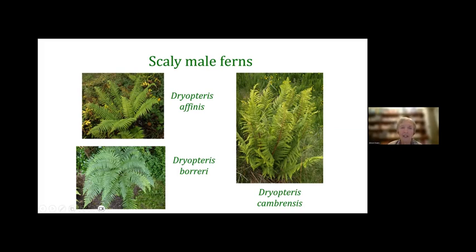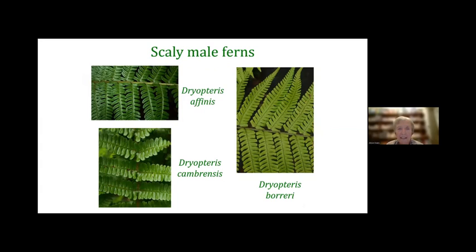So I think to start with, just know that it's a scaly male fern. And how do you know that? Well, they are more scaly, they're more robust, and their pinnae are often quite leathery. I think it is possible to tell them apart.